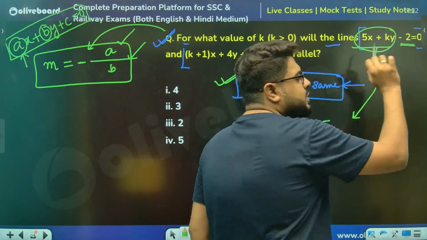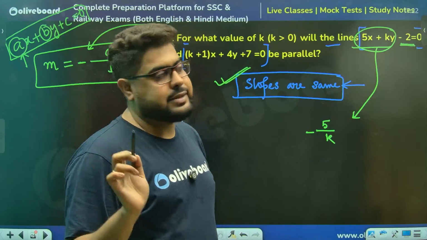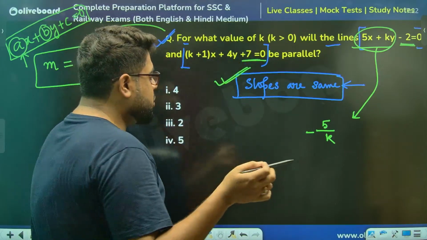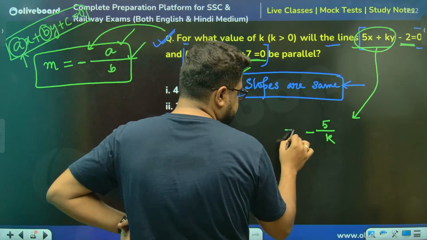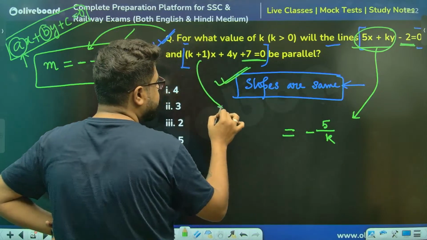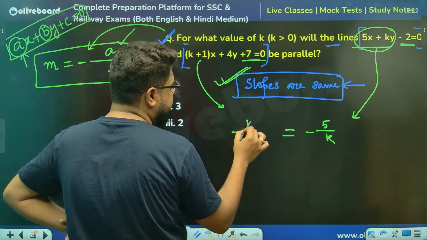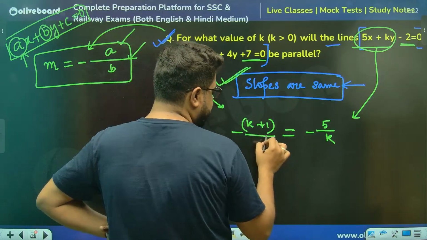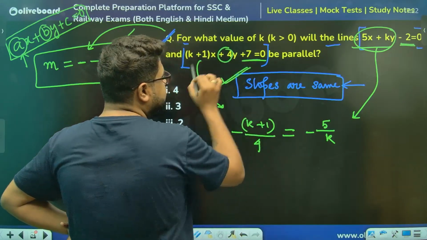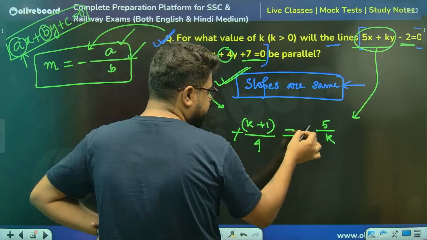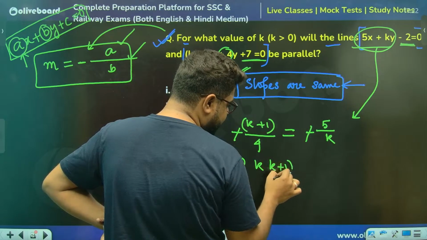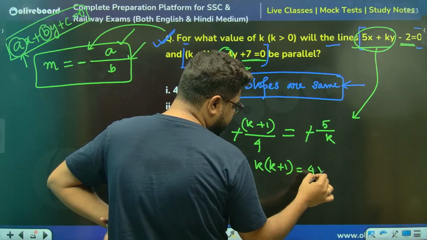Whatever is there in this constant part doesn't matter. So this is slope. It must be equal to the slope of this. So negative of k plus 1, coefficient of x, by, sir, coefficient of y is 4 plus 4. So negative cancels. k into k plus 1 equal to 4 into 5.